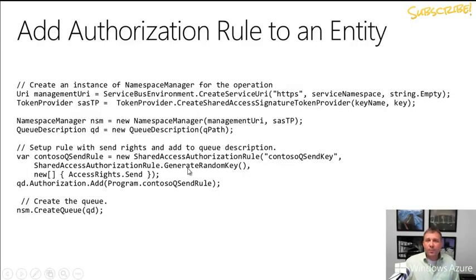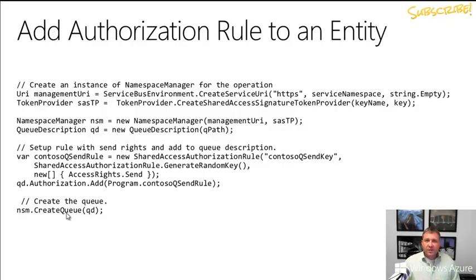So if you show up with a request that's signed with that key, you automatically get the send permissions, but you can also create a new key that confers, for instance, manage rights or listen rights. And then you can add that to the set of authorization rules, create the queue. And so you can build those accounts that confer keys that confer rights.